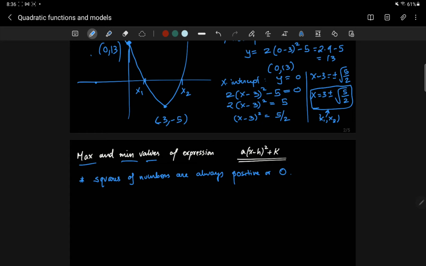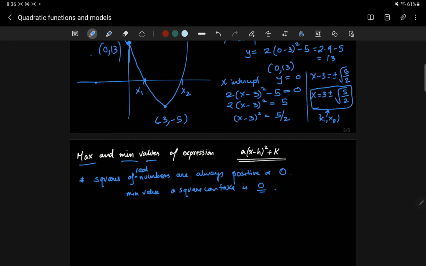When you square a real number, it can never be negative. So this means that the minimum value a square can take is 0. That's very, very important.